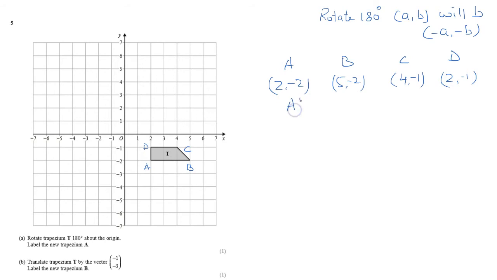So our new coordinates A dash, B dash, C dash and D dash will be (-2, 2), (-5, 2), (-4, 1) and (-2, 1). We have multiplied all by -1.